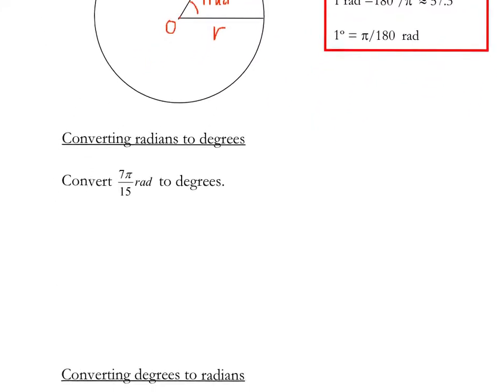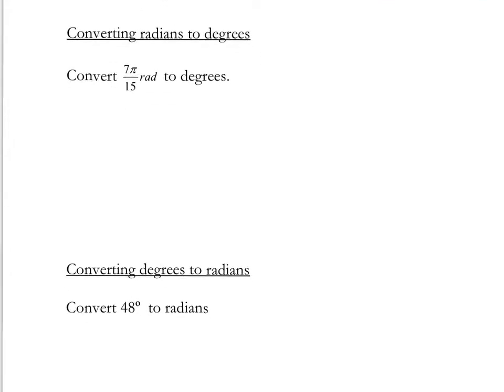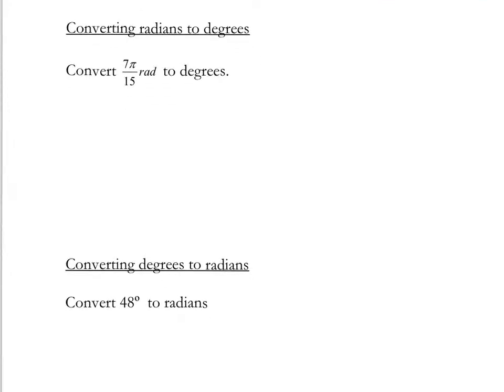Okay, let's have a look at how to actually convert radians to degrees. If pi radians is equal to 180 degrees, then this enables us to convert, because straight away we've got pi is equal to 180 degrees.